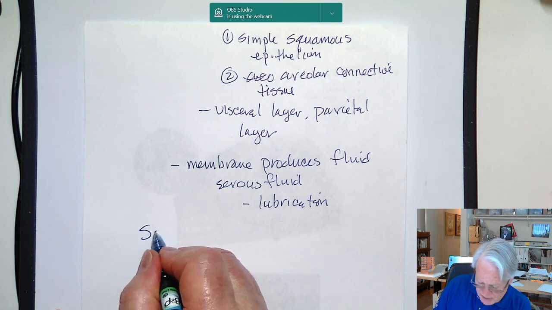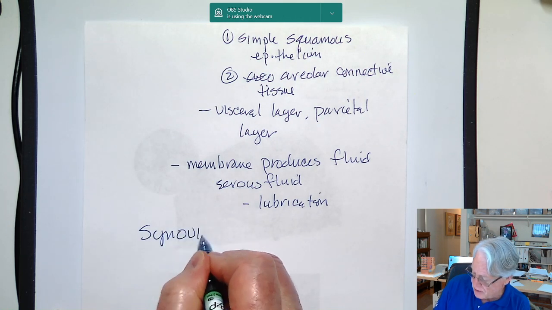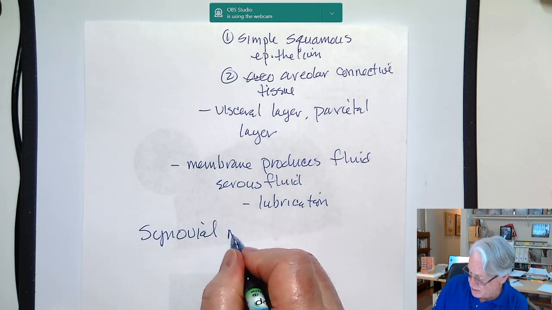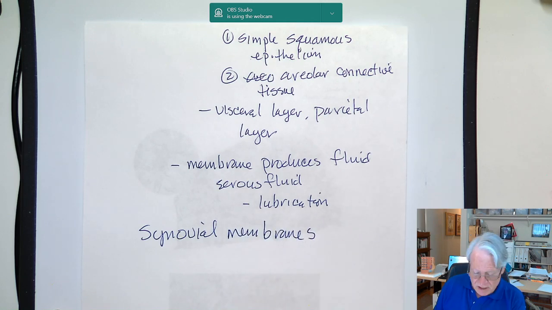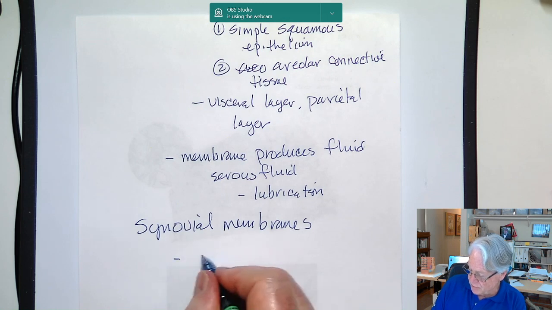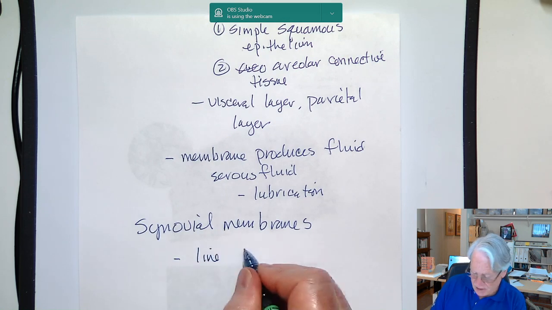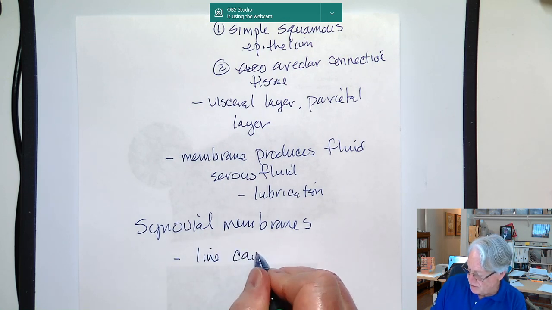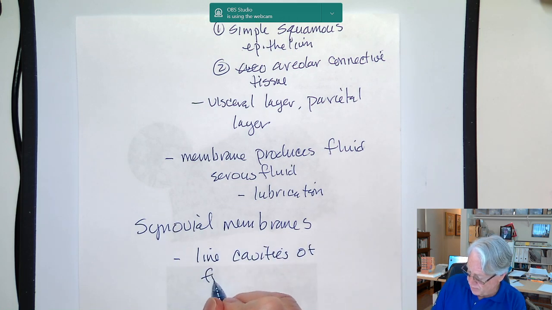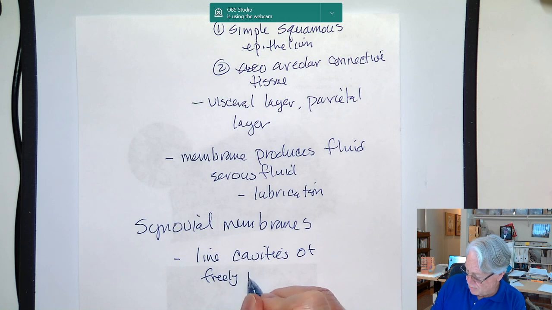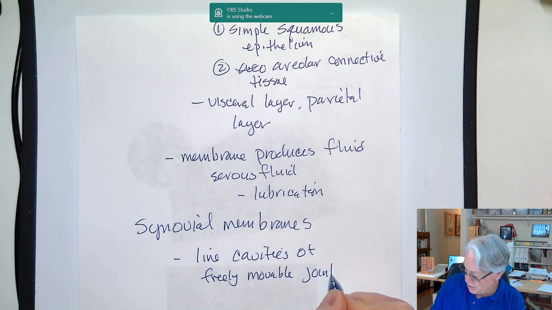The final type of membrane is a synovial membrane. I'm not going to spend a lot of time here. I'd never really talk about it other than this location. And so this is going to line the cavities of freely movable joints.